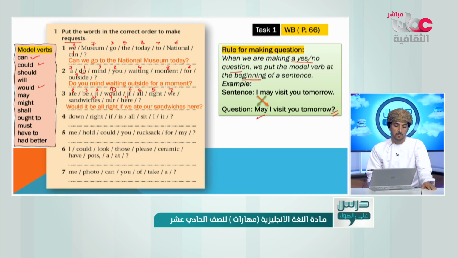Now move to number 4. Where is the verb? We have here is. So the first one here we have got is. Then is it all right. And you will figure that we have this question in the dialogue, you can make use of that.